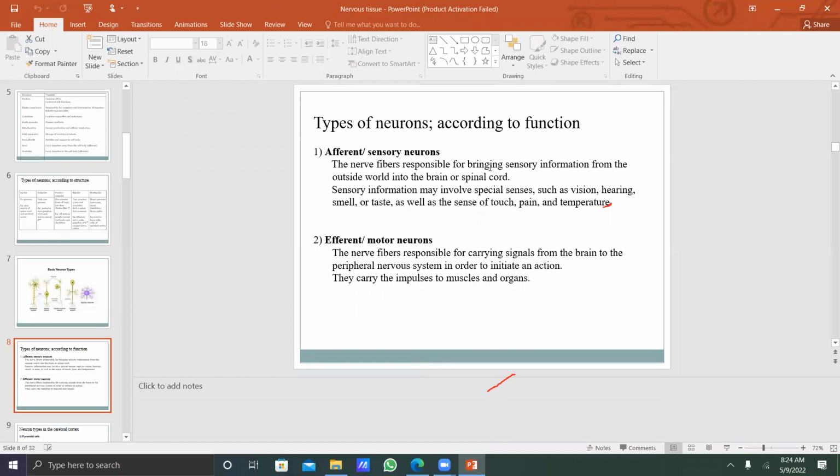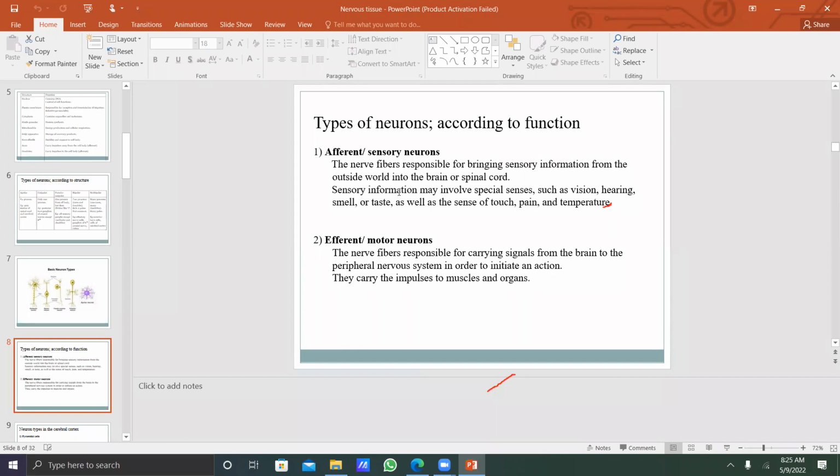And also we can divide the neurons according to their function: afferent or sensory neurons and efferent or motor neurons. So afferent or sensory neurons are the nerve fibers which are responsible for bringing sensory information from the outside world into the brain or the spinal cord.